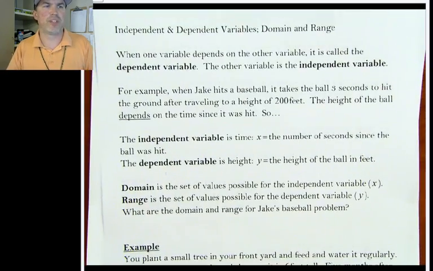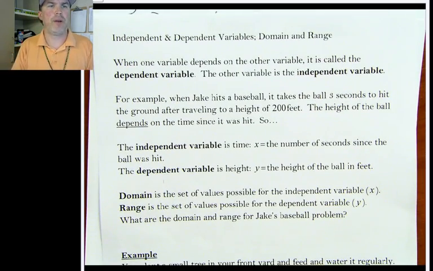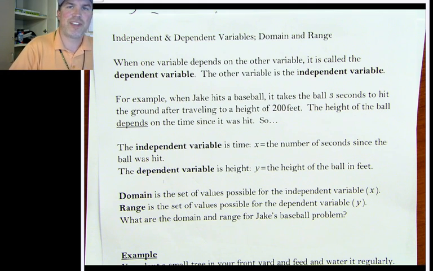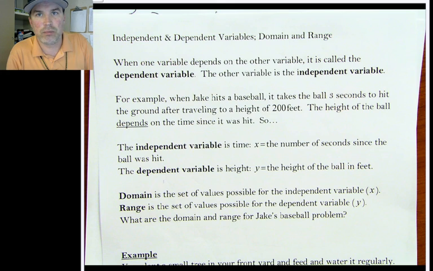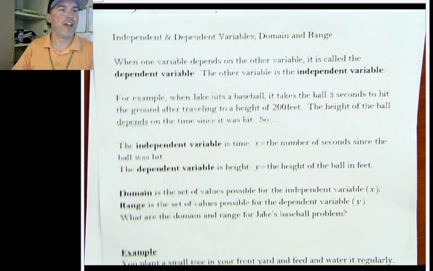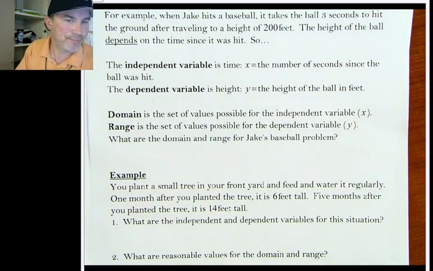But first things first, read about independent and dependent variables and domain and range. 10-second break goes now. 1, 2, 3, 4, 5, 6, 7, 8, 9. 10-second break is over. Let's take a look at this example.